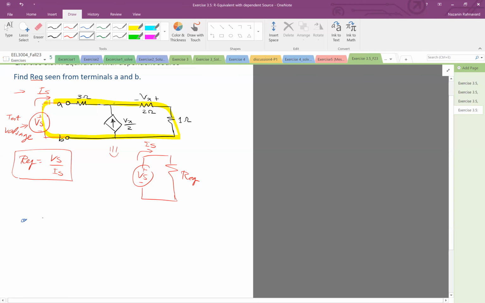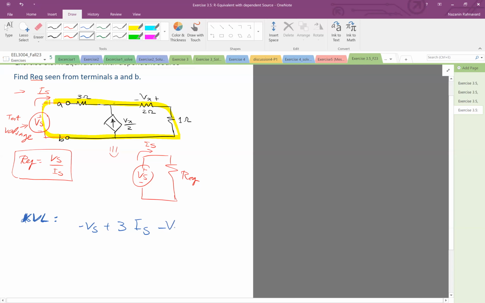So let's do the KVL. Negative Vs, come here, plus 3 Is. Remember, we call this also Is, right? 3 Is. And then we come here. Let's call this negative Vx.